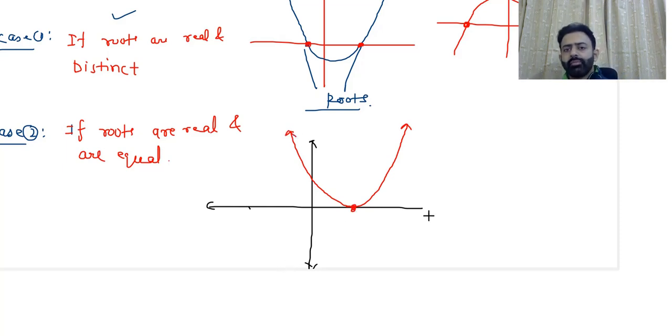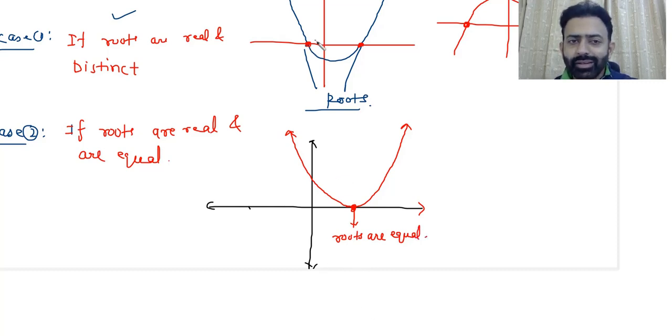Okay, meaning the x-axis will be the tangent to the curve. In that case, this indicates the roots are equal, right? So basically what we have done is, in the earlier case 1, we have brought these two roots together and they have become equal.